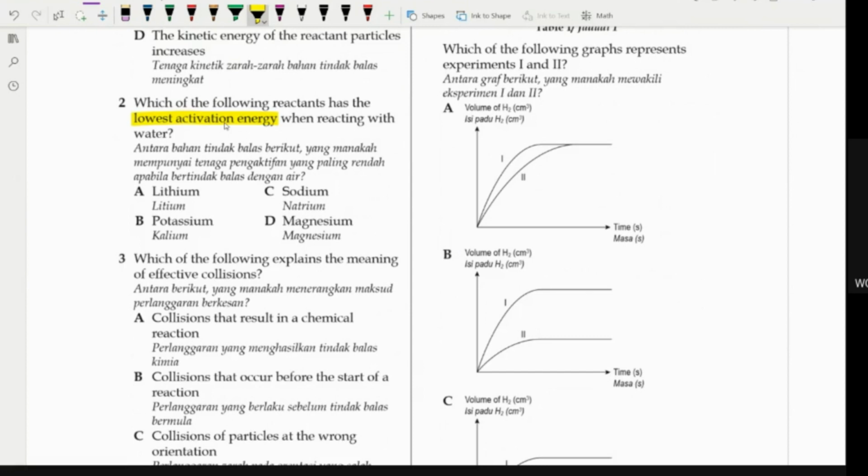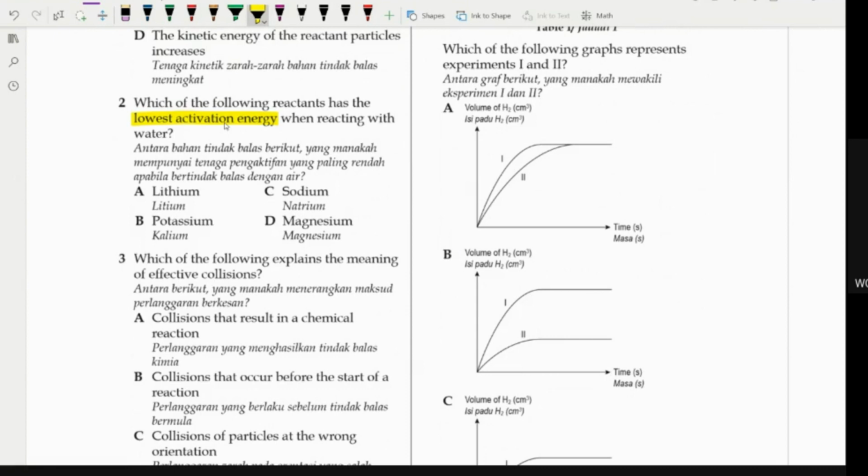What is the answer? Any idea? Crystal, what do you think? Wen-Xin, what do you think? You don't know. Okay.